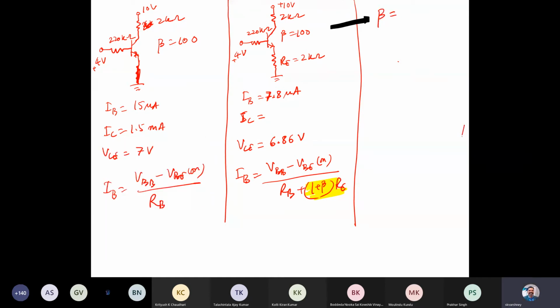Let's say you take beta 80, and then in that case, you find out IB, IC, VCE. Rest of the parameters remain the same. You change the beta only.